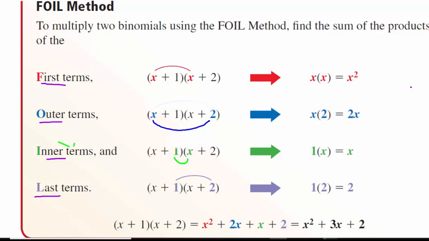With every single one of these, we are always watching signs. In this particular problem, they're all positive. So we have each of the separate ones written out, and then the last step is combine like terms, which gives us our 3x. Typically, the outer and inner are the two that will give us terms to combine. Not always, but usually.